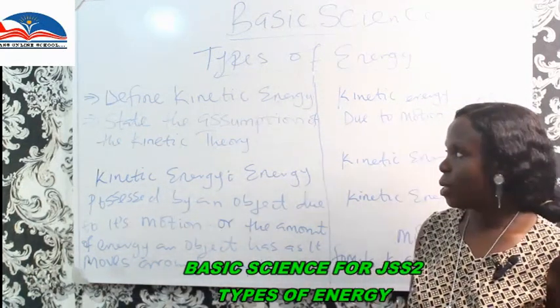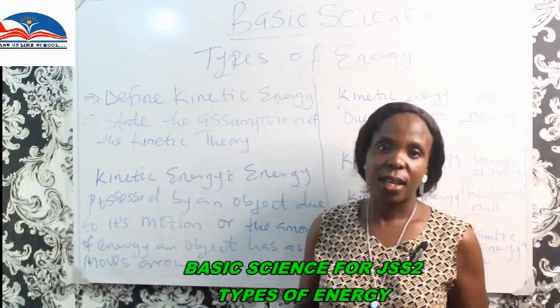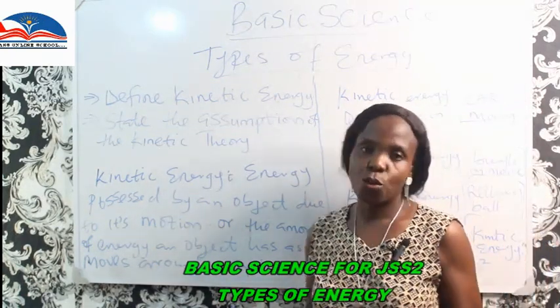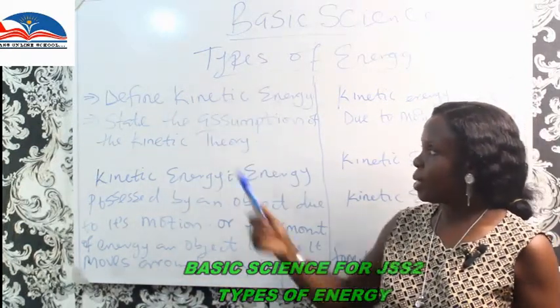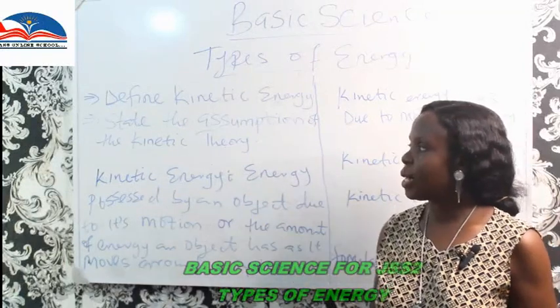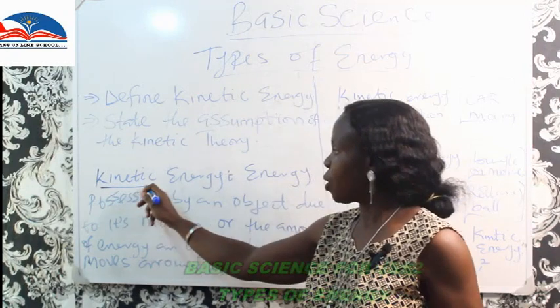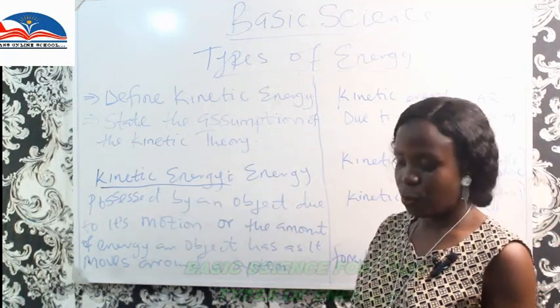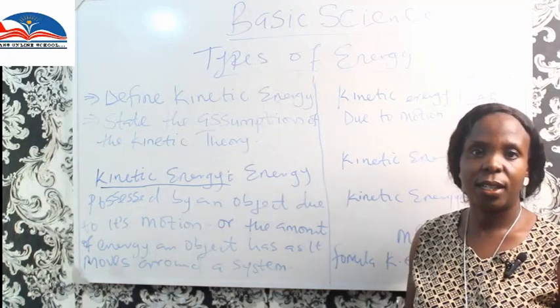And then we'll look at the assumptions of the kinetic theory. So we have two objectives for the class: define kinetic energy, and state the assumptions of the kinetic theory. Now let's look at the first objective, which is to define kinetic energy.